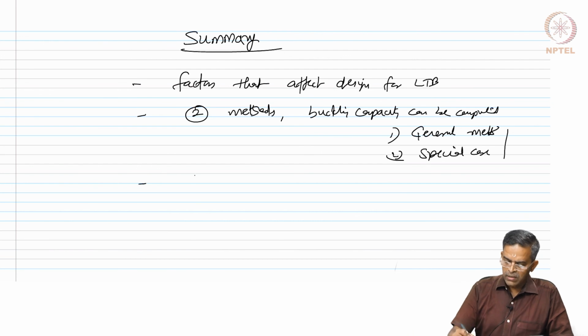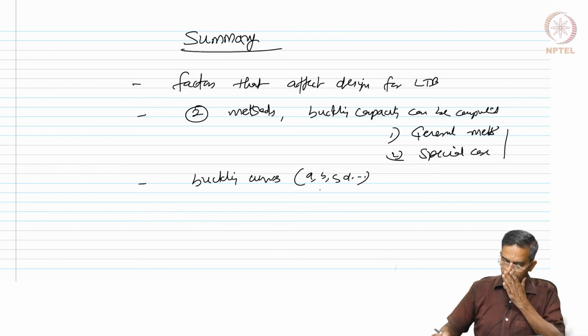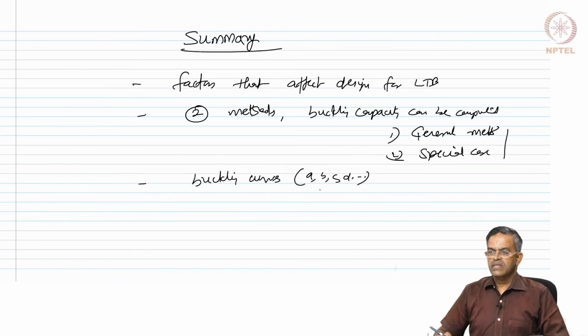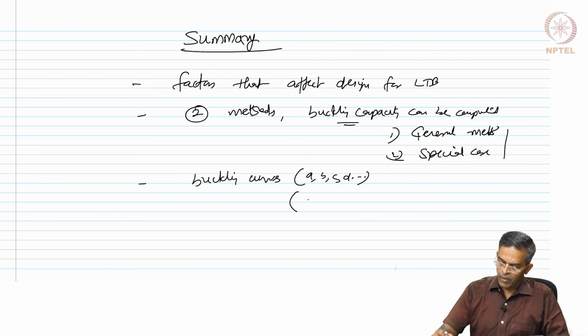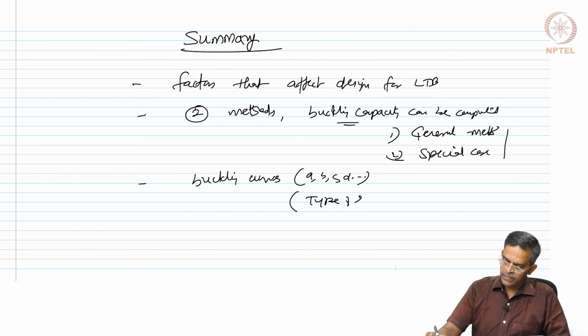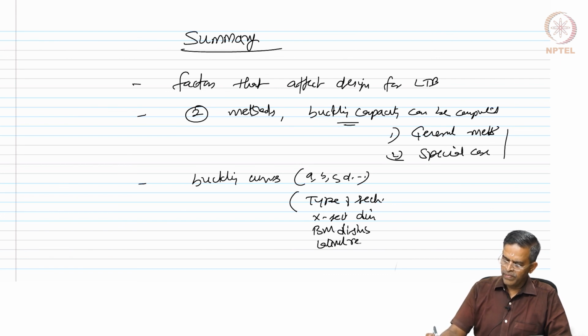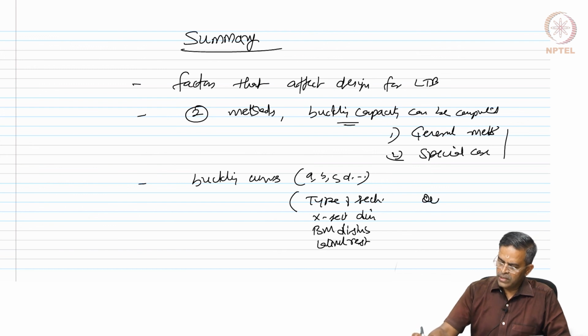We have also seen there are different buckling curves, which is A, B, C, D, etc., which can be selected to compute the buckling capacity depending upon the type of section, the sectional dimensions, bending moment distribution, type of lateral restraints, and quality of steel, etc.